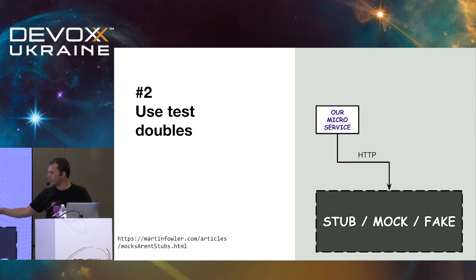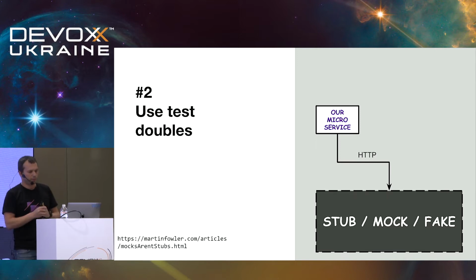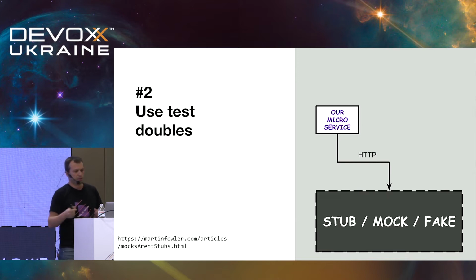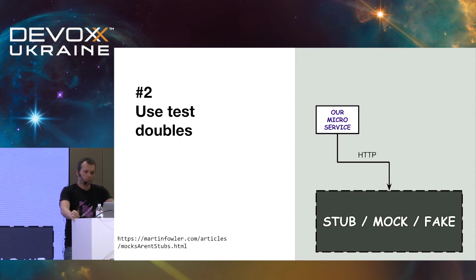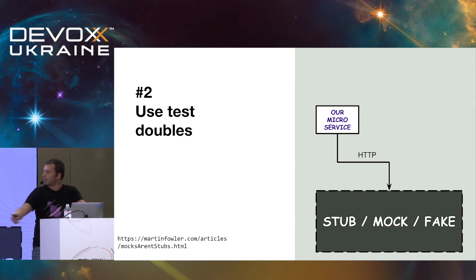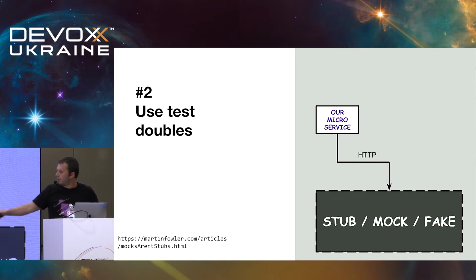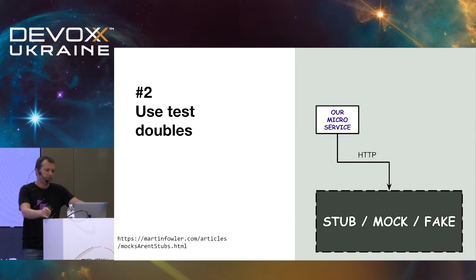If you're not sure, a stub is something that returns a canned answer during the test. A mock is something that you can pre-set up, and it will reply with what you want. And fakes involve implementing some logic that will be used. There's a really good blog post by Martin Fowler that explains the differences between stubs, mocks, and fakes. I really recommend you read it if you're not sure about the differences.